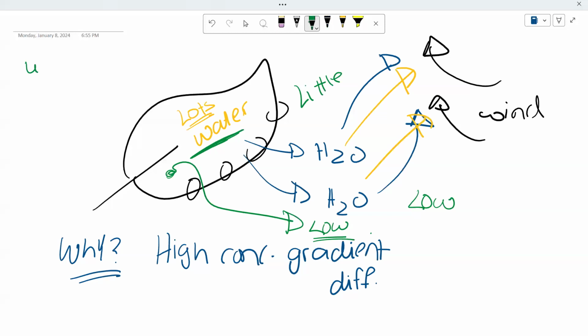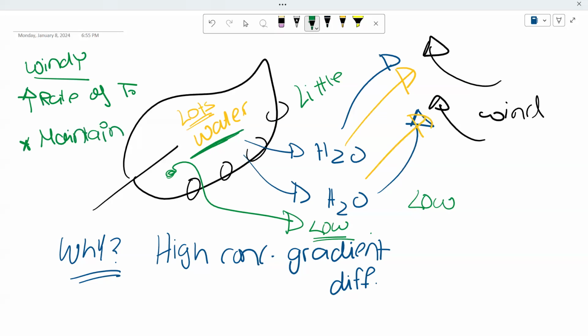So when you have a windy day, this is going to increase the rate of transpiration. Why? Because it's going to maintain, which means keep high, or it's going to increase the concentration gradient.